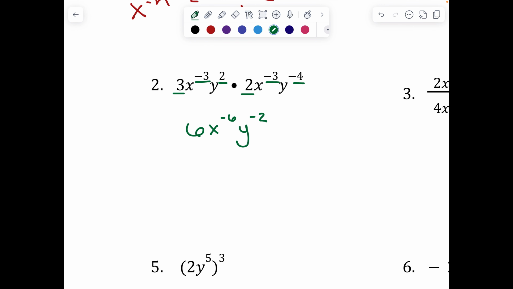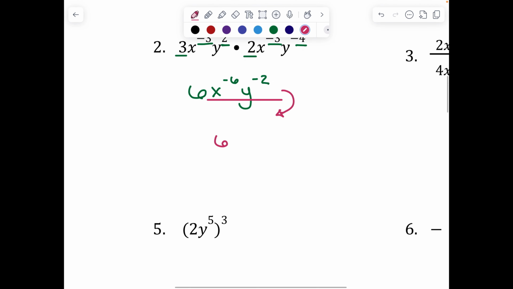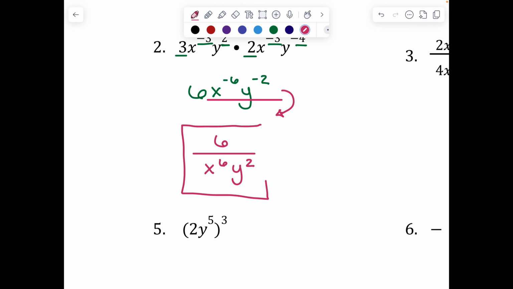I have 2 variables with negative exponents. So x and y both have negative exponents. So they are both going to move to our denominator. So our final answer is going to be 6 over x to the 6th, y to the 2nd. So we're just moving where they are.